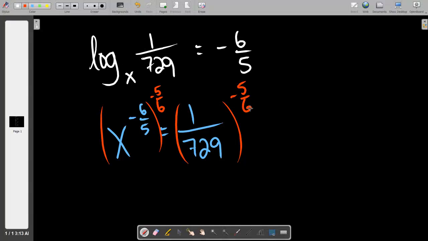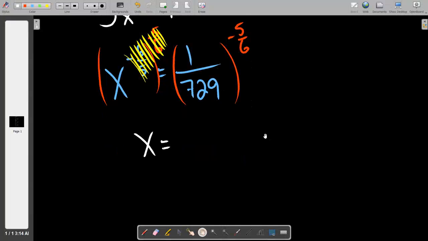Anyhow, we understand that the exponents on the left side, by doing what we did, will cancel, leaving us with x equals. So the algebra aspect of this problem is done.